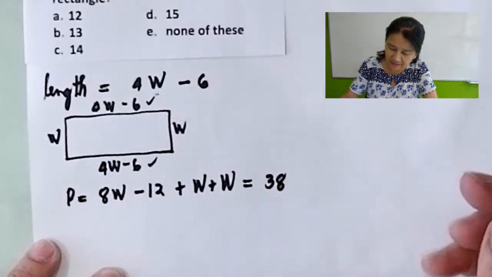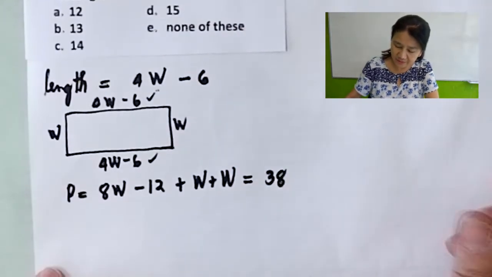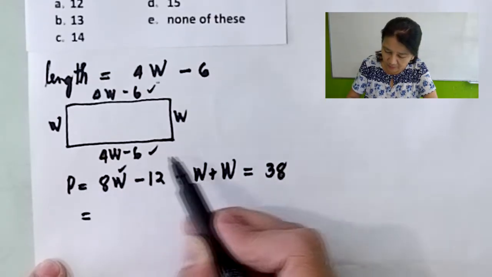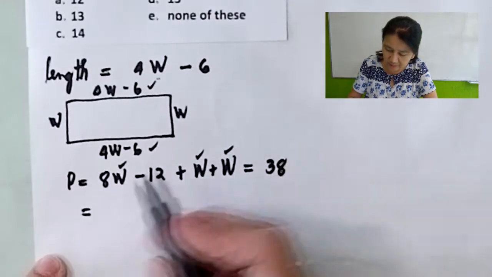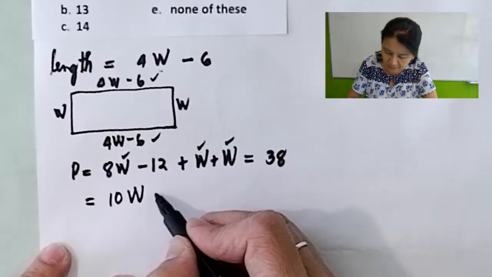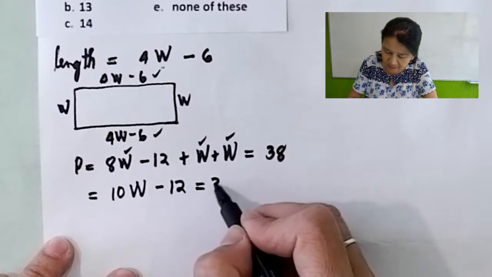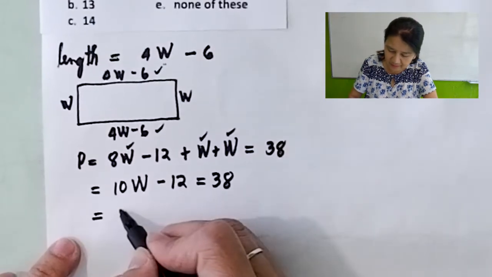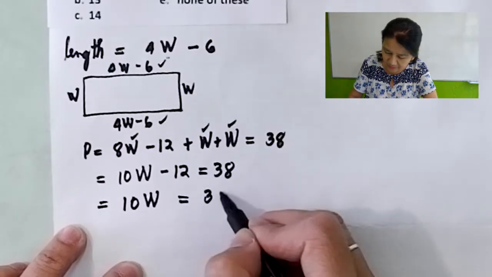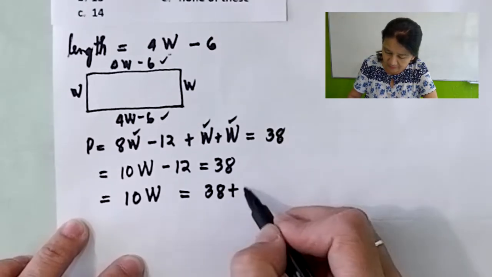Here, it says that the perimeter is 38. So let's add 8W plus W plus W, that is 10W minus 12 equals 38. Then 10W is equal to 38 plus 12.